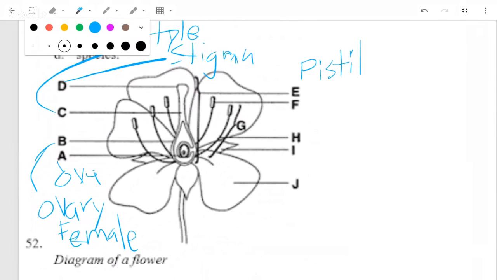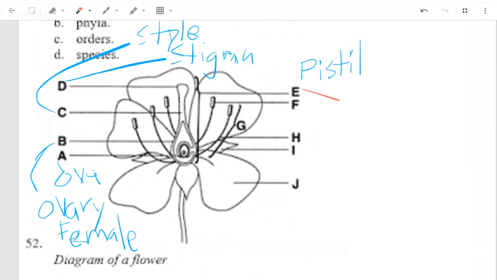Let's change colors for the male side. We got the anther, or excuse me, the anther is F. The whole structure, well, with the anther and what is the other part? The filament, I think. The filament is the part that holds up the anther, I believe.